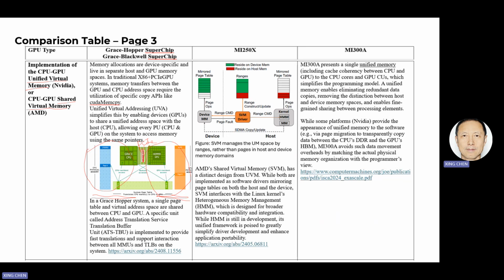So what Nvidia has done is deploy this ATS service.